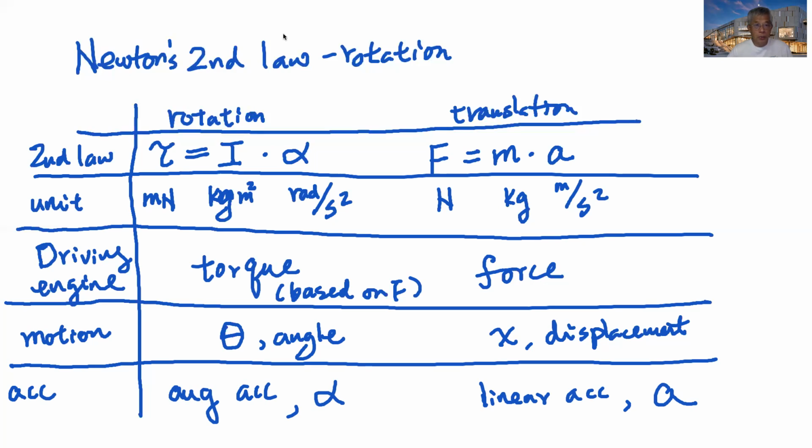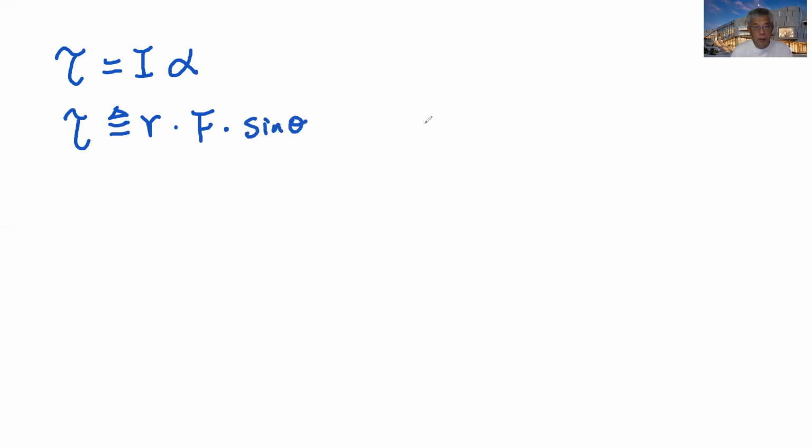But let's get back to Newton's second law. Newton's second law says tau is equal to I alpha. The tau here, which we talked about, just to give it to you again, is defined as the lever arm times force, times sine theta, where the theta here is the angle between R and F. And this should be in the plane of motion, in the plane of rotation.